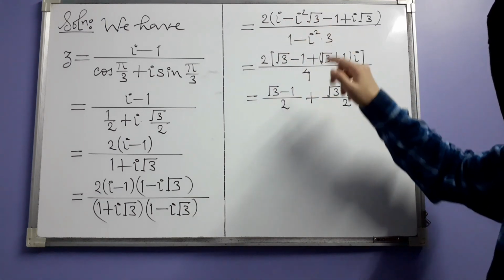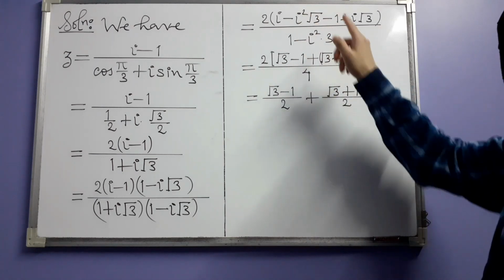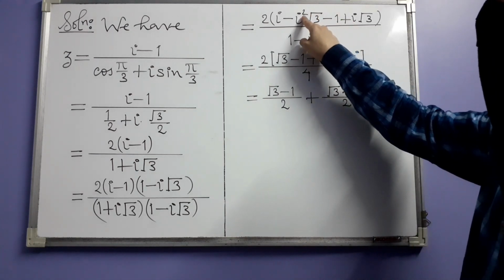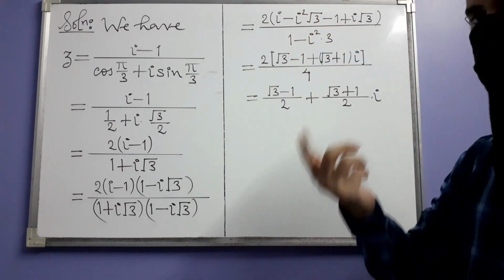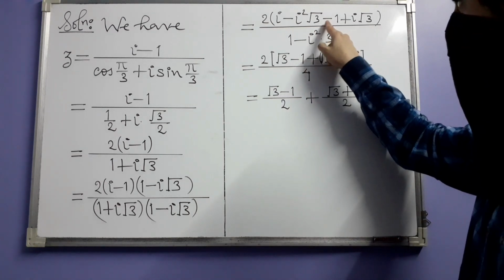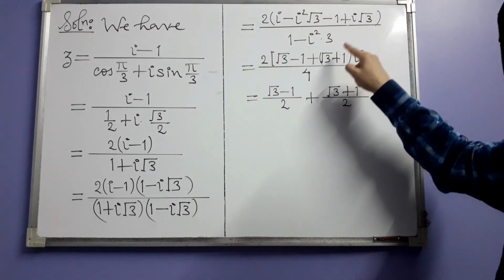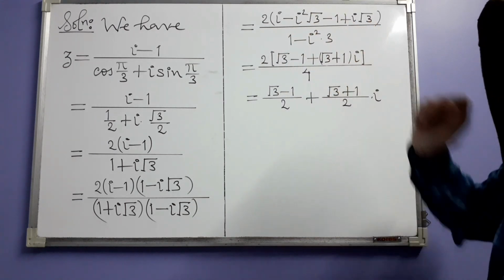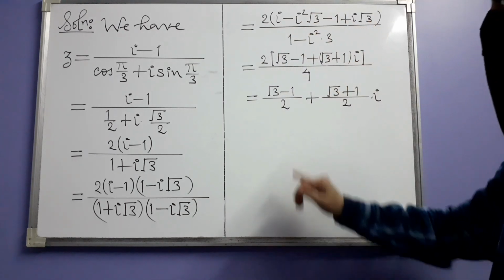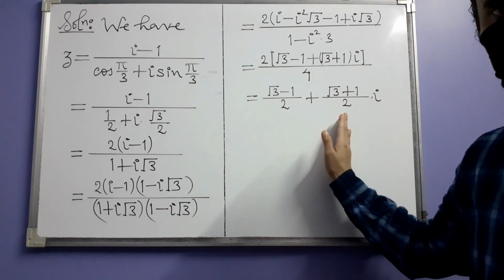And the numerator now becomes what? If we collect the real numbers from here, you see this i square and minus would give us plus because i square is minus 1. So that way we get root 3 and here we have minus 1. And i root 3 and i give you root 3 plus 1 times i. So that means finally the number takes this form.